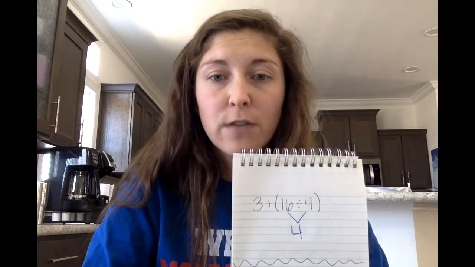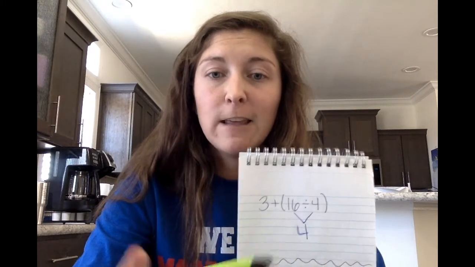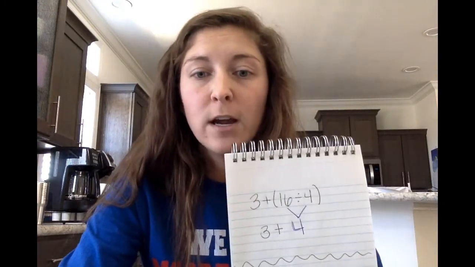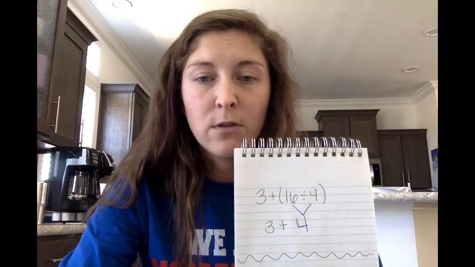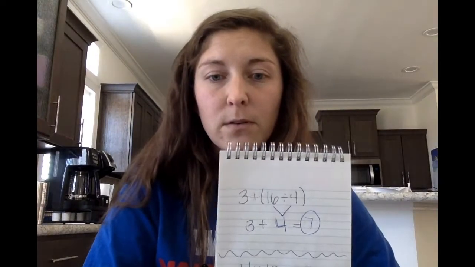What I always like to do is draw these arrows underneath to make sure that I know what I've solved and what the answer was. And then best practice is going to be to rewrite that equation again. So 3 plus would go in front of the 4. And then last but not least, I know that 3 plus 4 is 7, which would be my final answer to this problem.